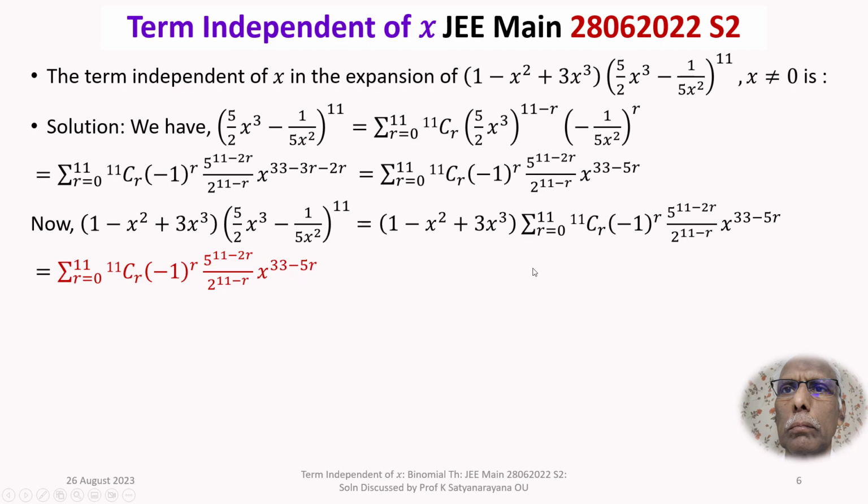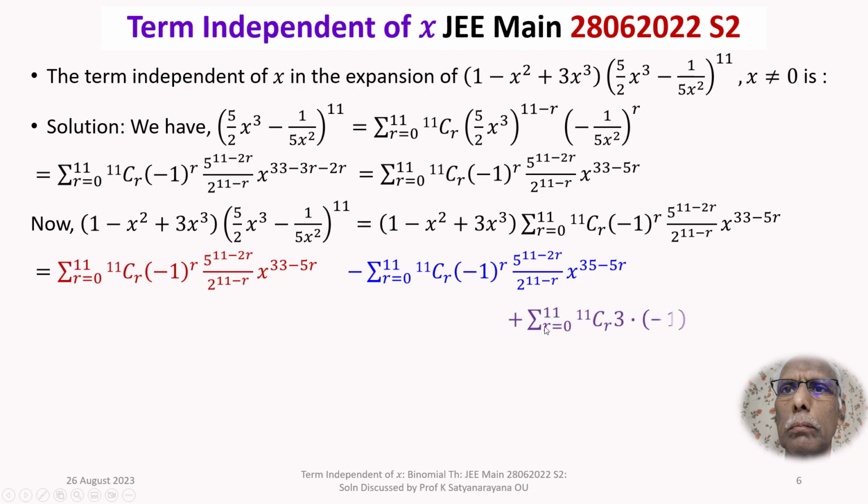This expansion will come. Then minus x² into this expansion. So minus will come. x² multiplied by x to the power of 33 - 5r gives 33 + 2 = 35 - 5r. All else is the same, and the exponent of x will be 35 - 5r. Now plus, multiply by 3x³. The exponent of x now will become 33 + 3 = 36 - 5r.